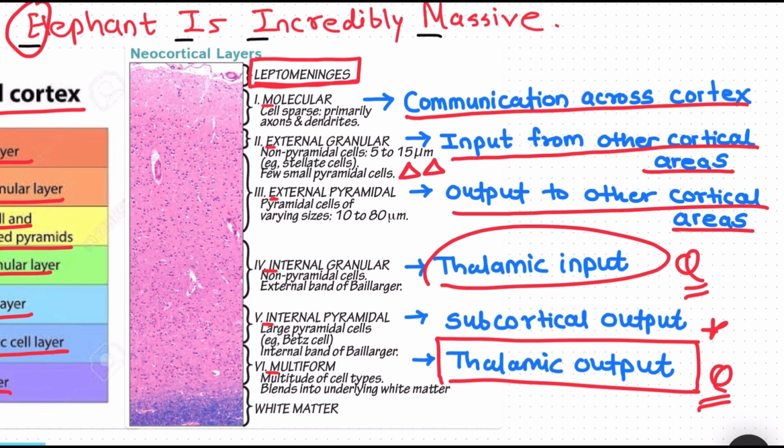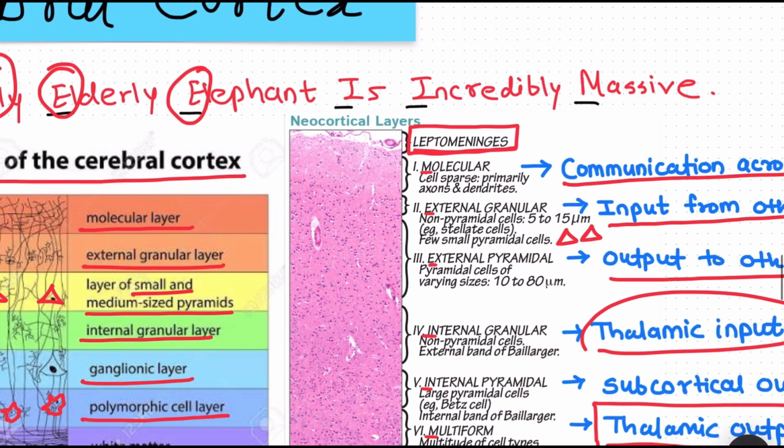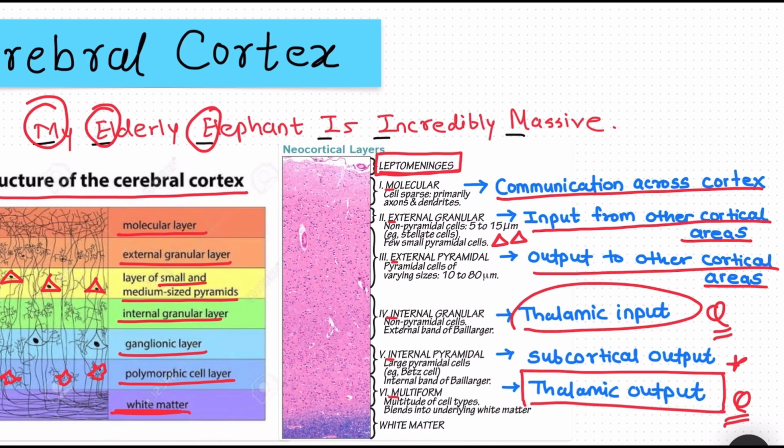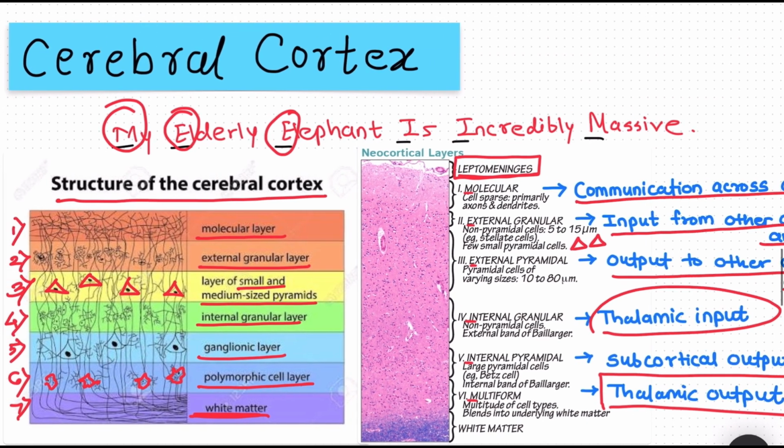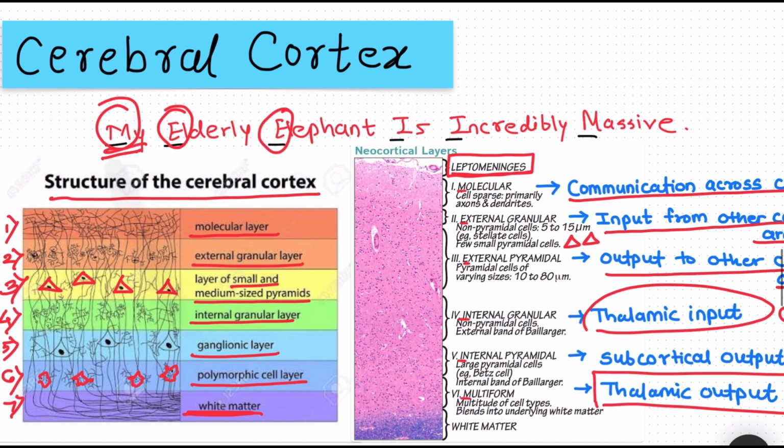Now see, the mnemonic to remember this is My Elderly Elephant Is Incredibly Massive. M stands for molecular layer. Elderly's E stands for external granular layer. Then the second E stands for external pyramidal layer.